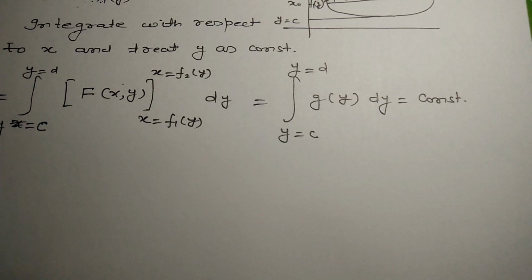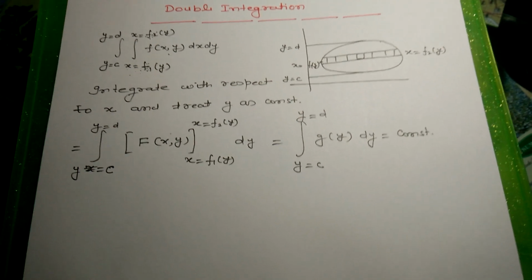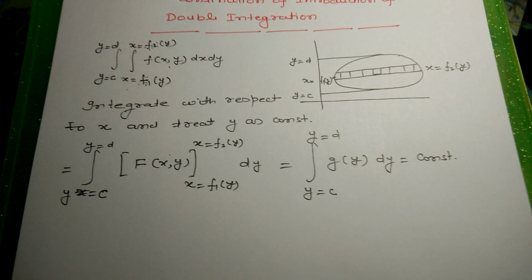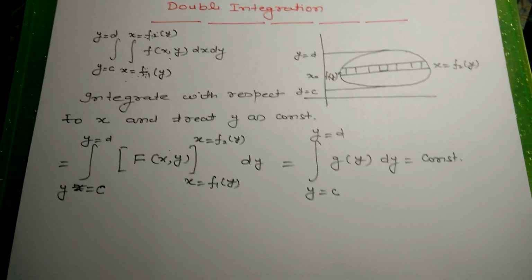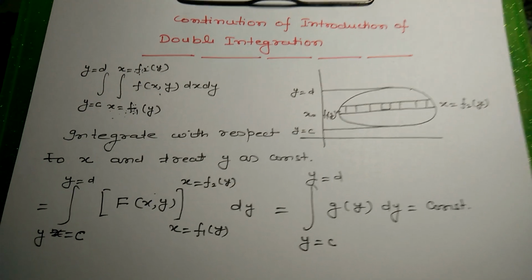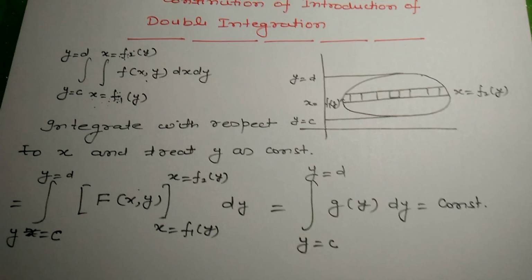What I mean is that sometimes with the horizontal strip my integration becomes simpler, whereas with the vertical strip it becomes complicated. So I always prefer the kind of strip that is more comfortable. If the region demands horizontal, we'll take horizontal.